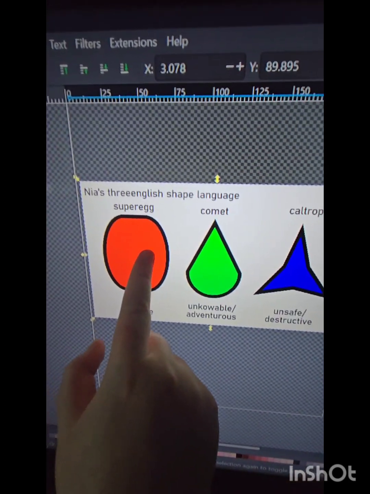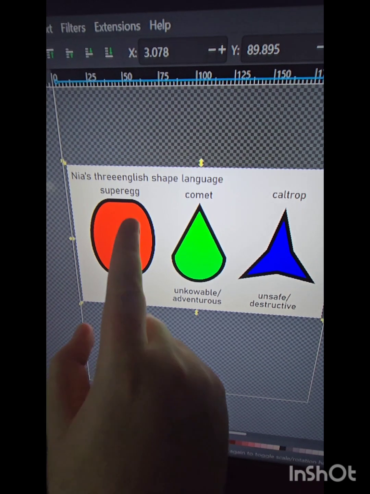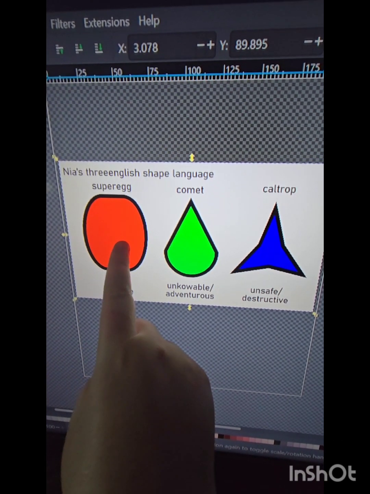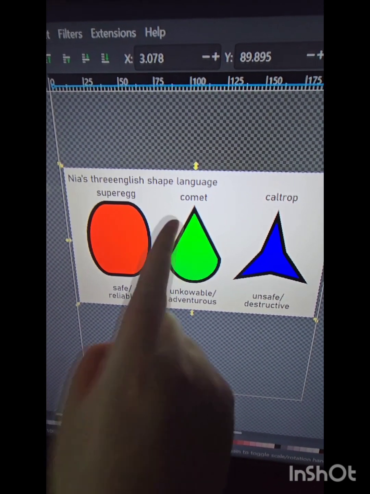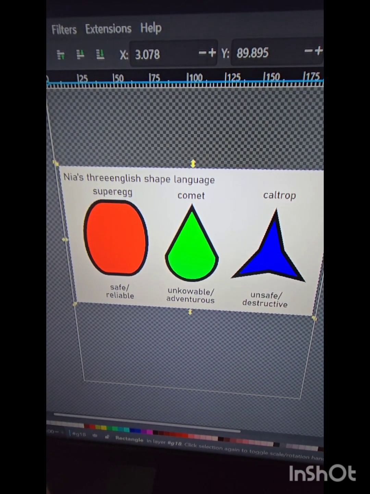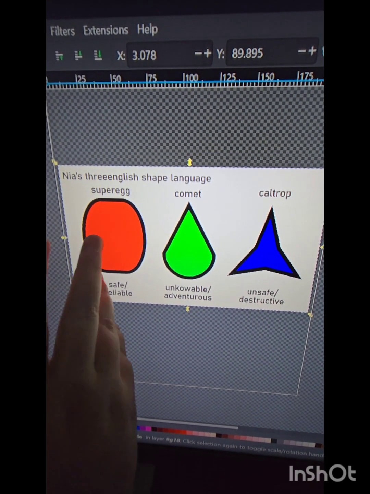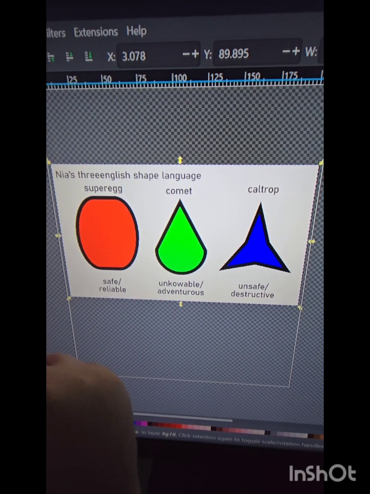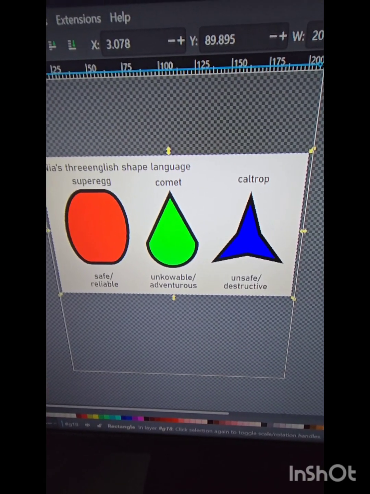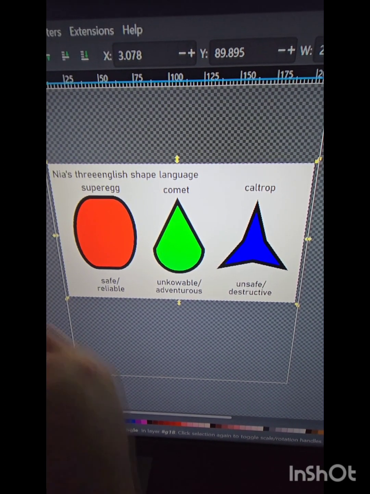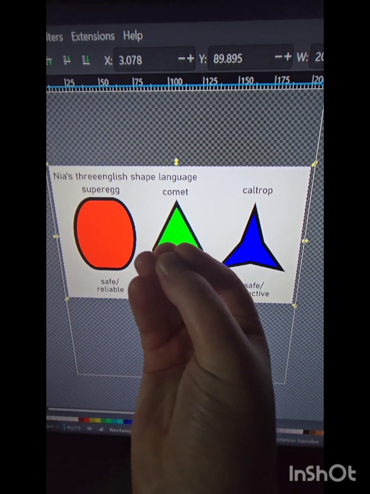Which means that he is able to defeat this. Because Eggman's robots are like this and this combined. They are an eggy comet. So, yeah. It's a whole self-contained cosmos, bruh. That's all.